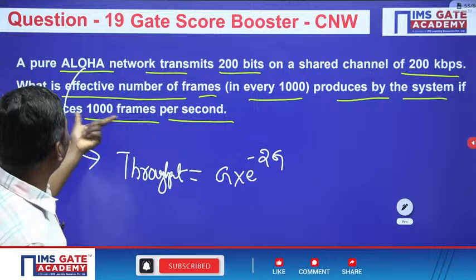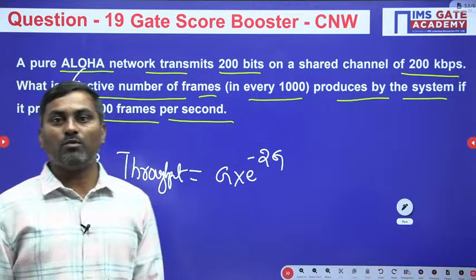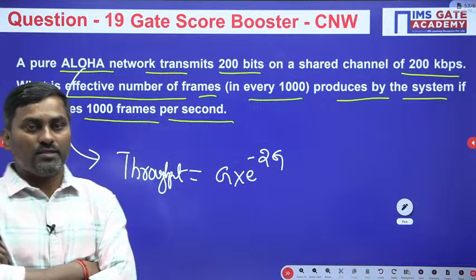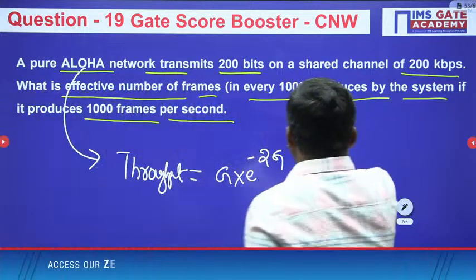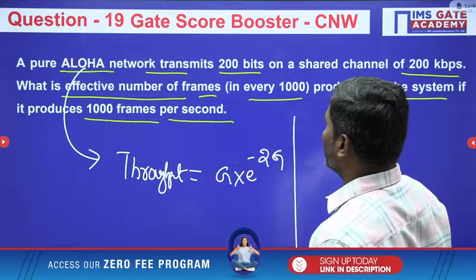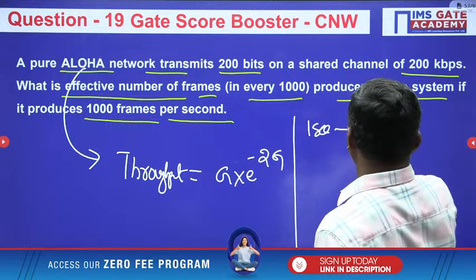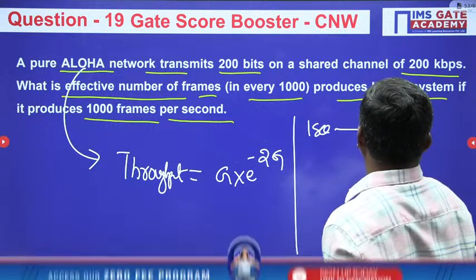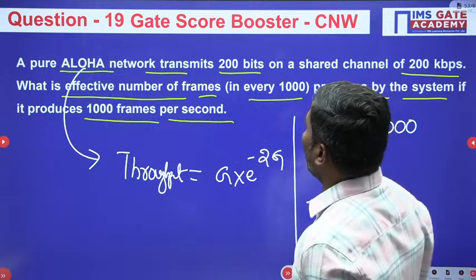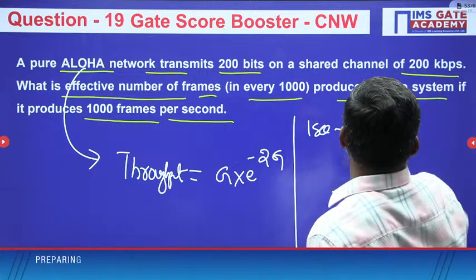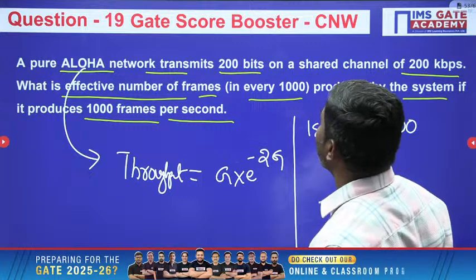How many are they sending? 1000 frames they are sending. Answer it. Now, understand the situation: in 1 second you are sending 1000 frames, correct? Pure Aloha network, 200 bits on a shared channel, 200 kilobits per second.